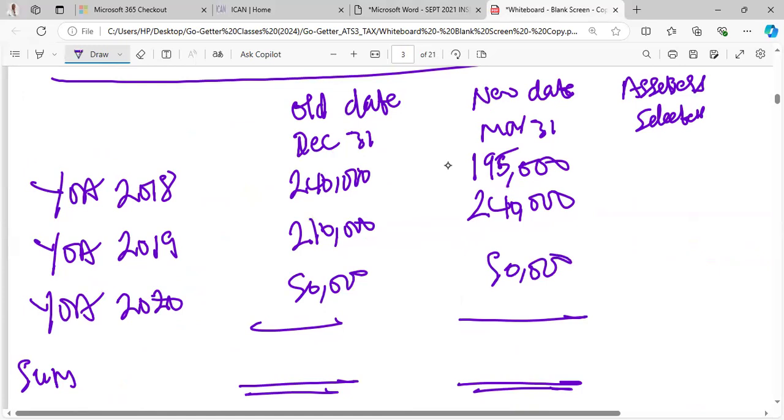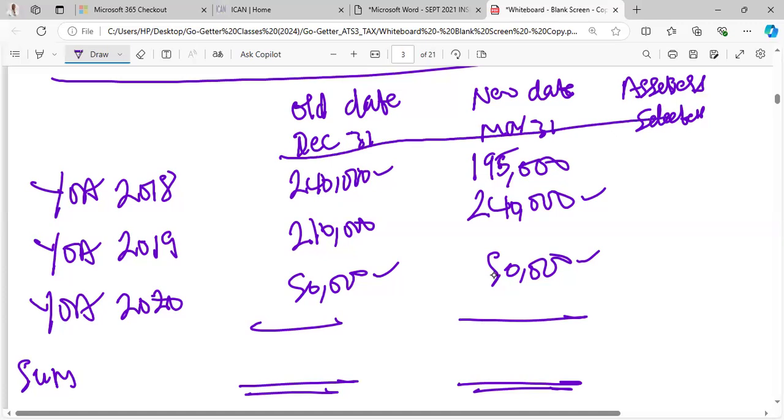So let's check which we should go for. Now, without even looking at the calculation, I know that this is equal to this. Now, this is equal to this. So the deciding factor, this one is greater than this. So this old date will give us a higher assessment.